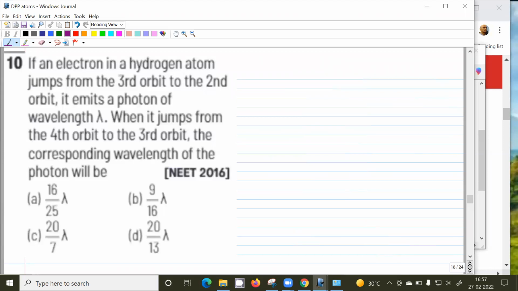What is the answer? As soon as you read the question, you have to draw some small diagram. It's from 3 to 2.